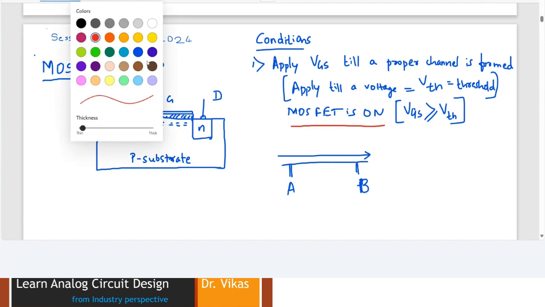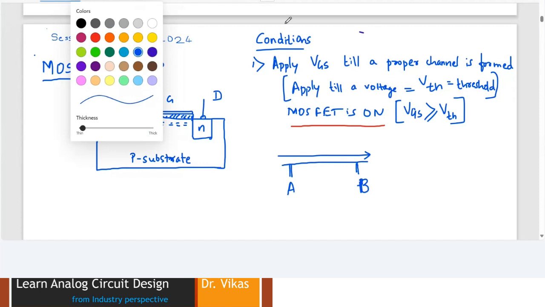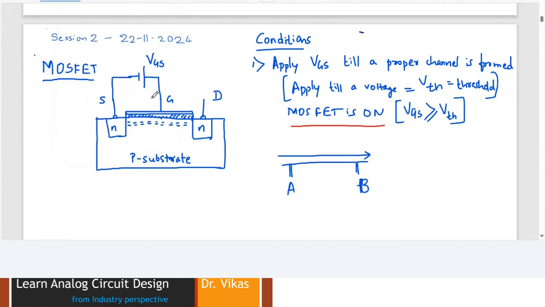Now, once we understand the MOSFET is on, let's try to understand what will happen to ensure the flow of current. Like yesterday I told, to ensure the flow of current, I have to apply another voltage, which is my VDS. Now, the first thing is, what will happen if I further increase VGS?